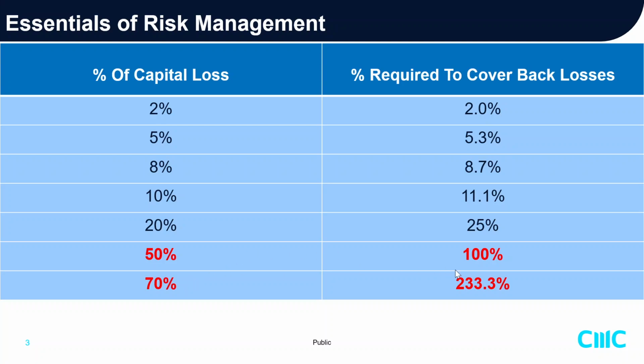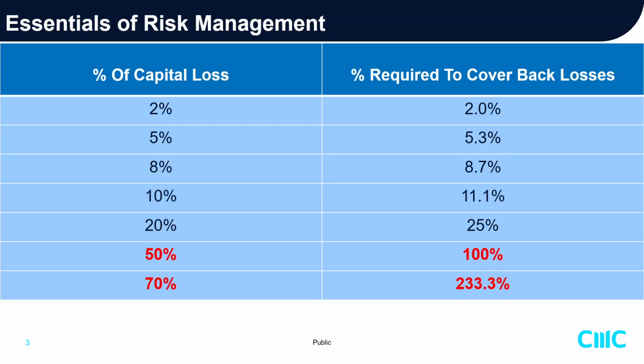For a 70% loss, we need an even higher exponential return, which is 233%. That means as the percentage of loss gets larger, we need to make much more to cover back our losses.